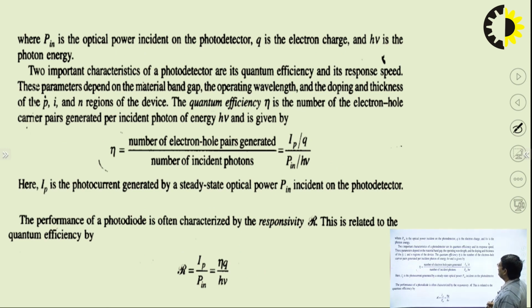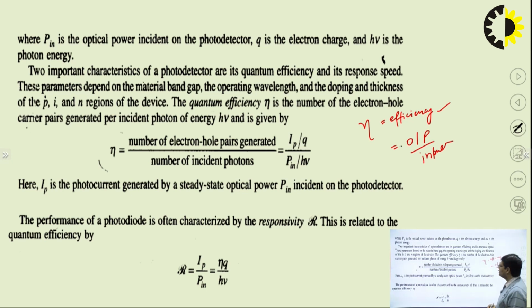Then we can calculate the efficiency for the photodiode or photodetector, denoted by eta. We know that efficiency is simply the output by the input.